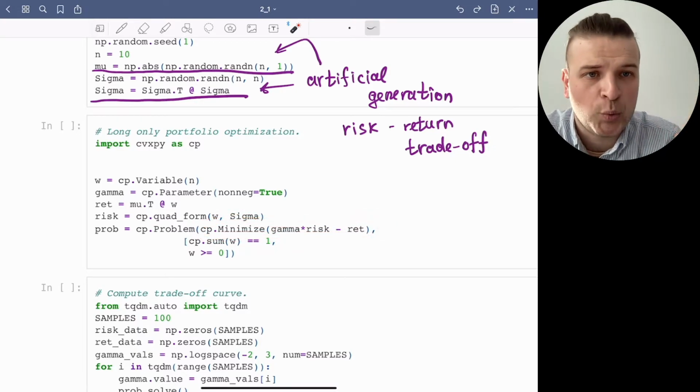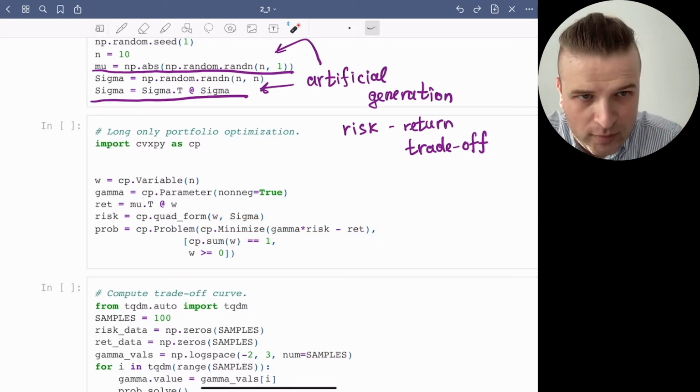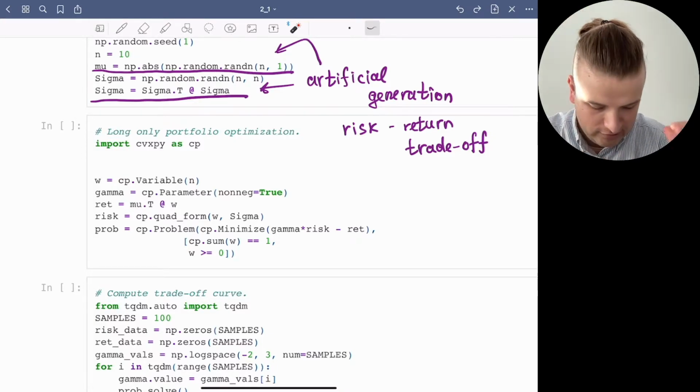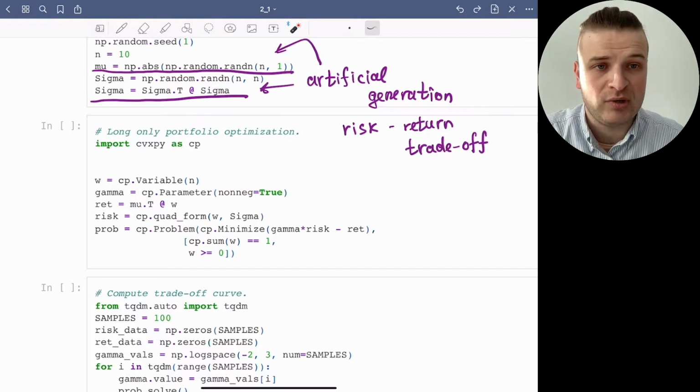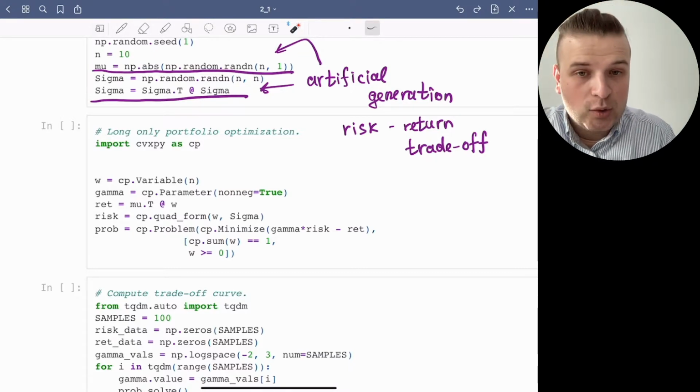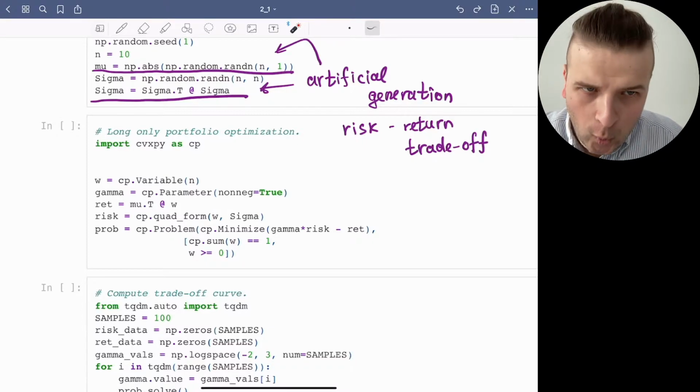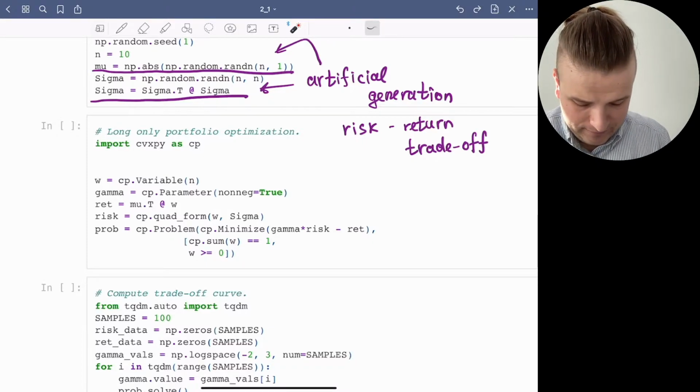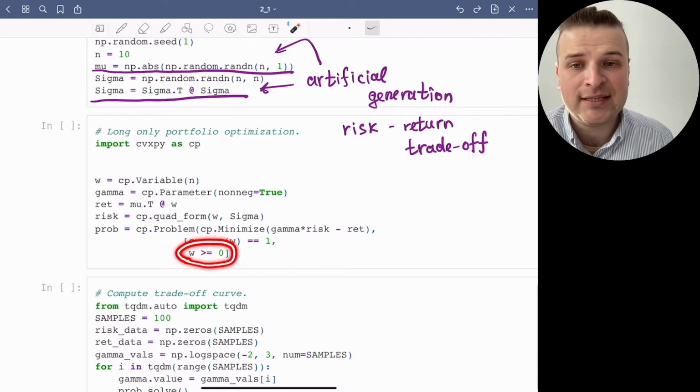We could easily switch it to a maximization problem without any loss of generality, because that's exactly the same problem as we discussed before. But here we'll consider a long-only portfolio because we explicitly state that all W's should be non-negative.